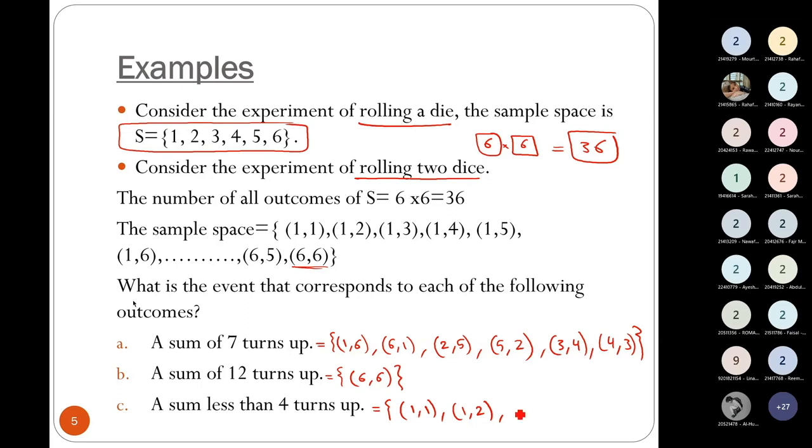Now return to 2,1. 2,2 is 4, 2,3 is 5, so not needed. 3,1 equals 4. So we have only 3 outcomes in this event. Any question?